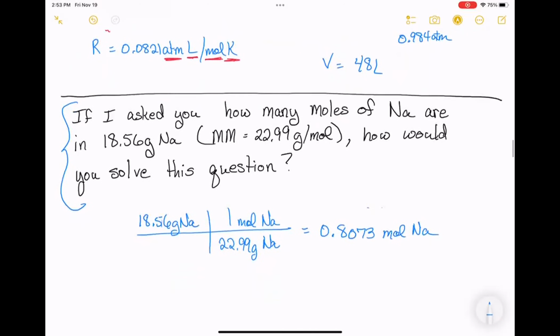So if I were to describe this, it would be the mass divided by molar mass equals moles.